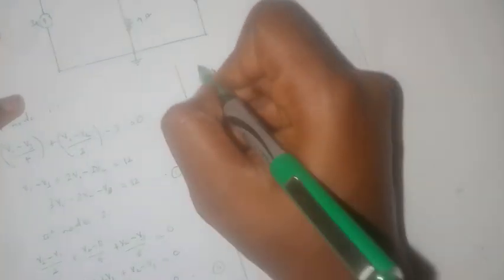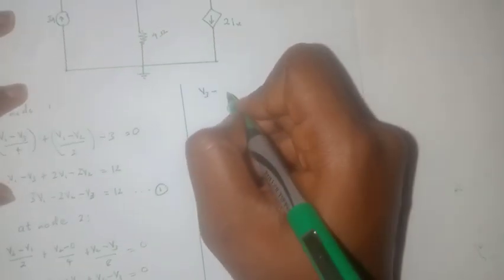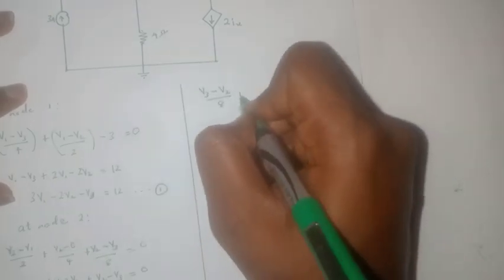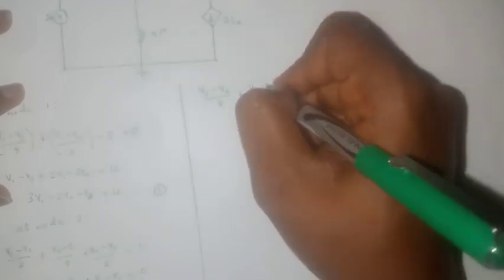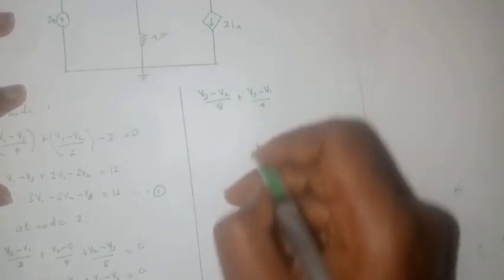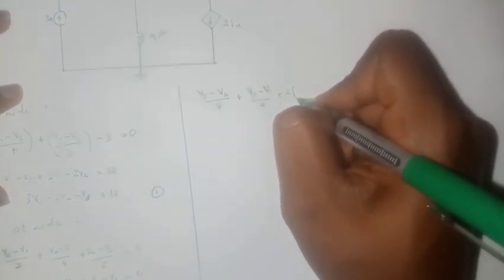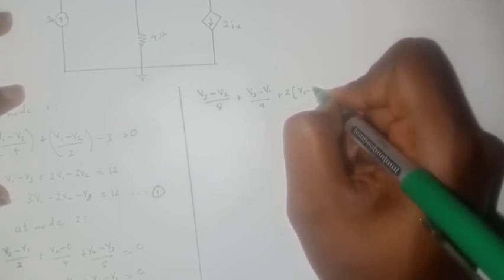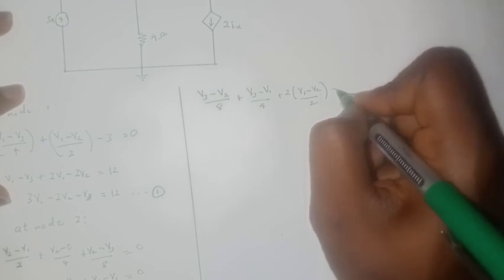Then we would have V3 minus V2 divided by 8 plus V3 minus V1 divided by 4 plus 2 into bracket V1 minus V2 divided by 2 equals 0.